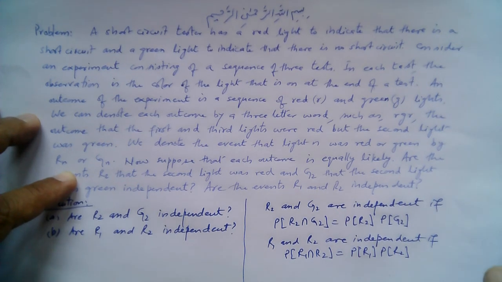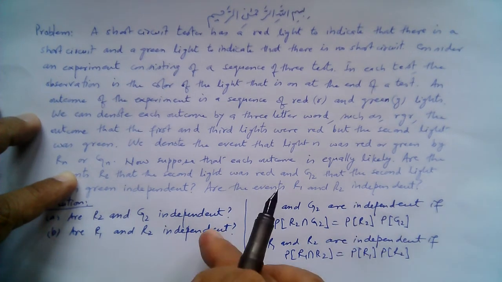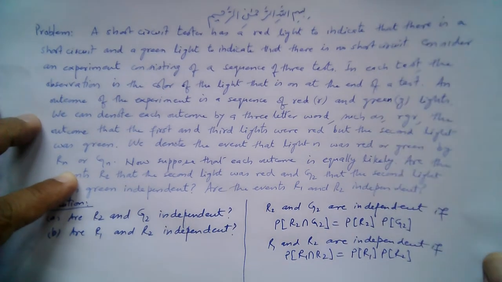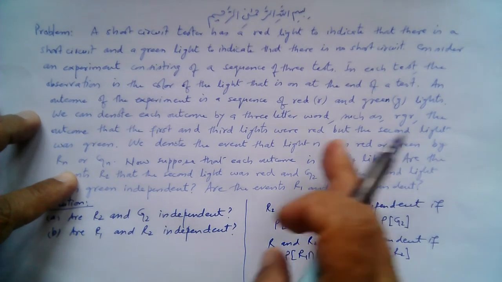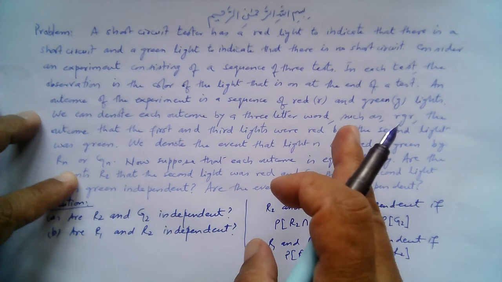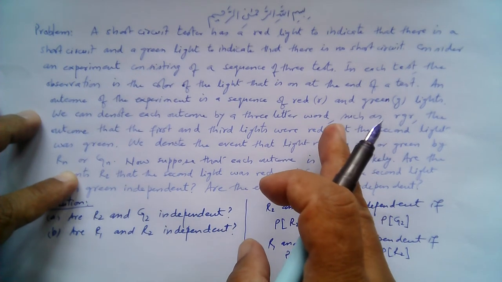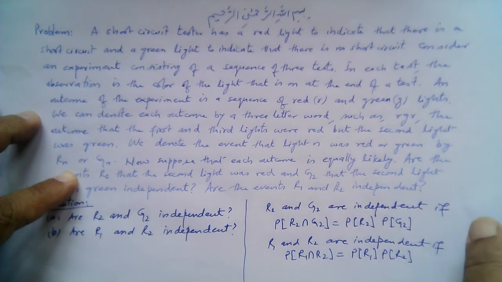So let us find out whether these conditions hold for these events or not. Towards this end, we must first find out the sample space of our experiment. We are performing a sequence of 3 tests, right? So we have either R or G for each place, right?